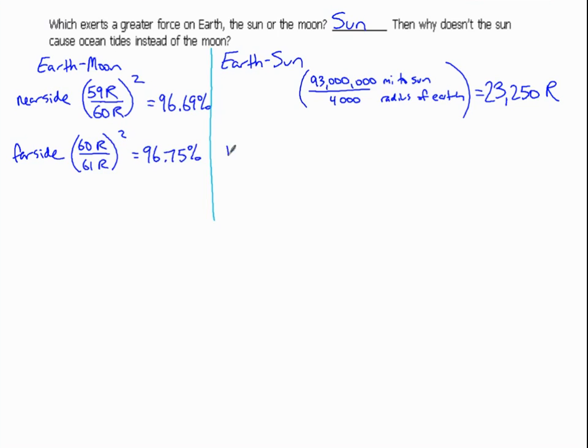So let's look at it in terms of the near side. So for the near side, we've got 23,250 times r, and this closer side is 23,249 times the radius.